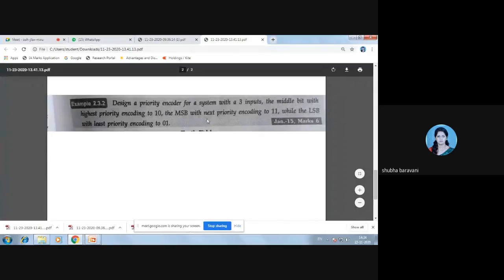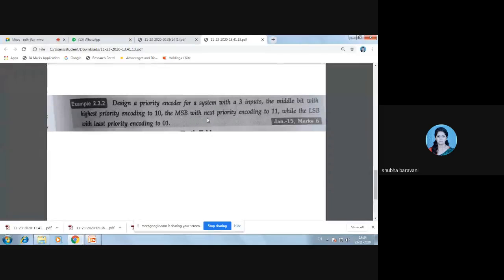Design a priority encoder for a system. Take down this problem. Design a priority encoder for a system with 3 inputs.